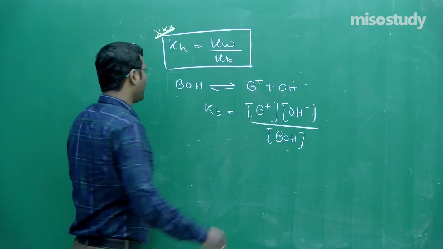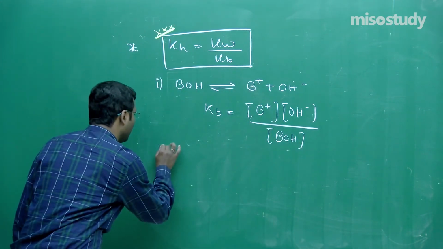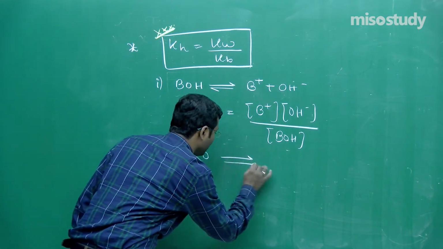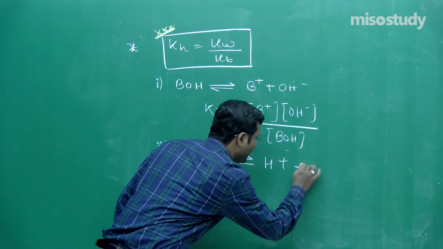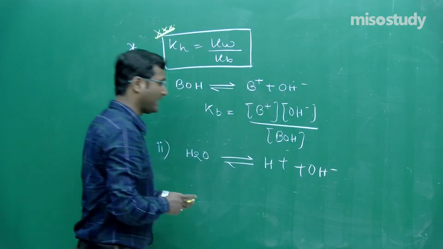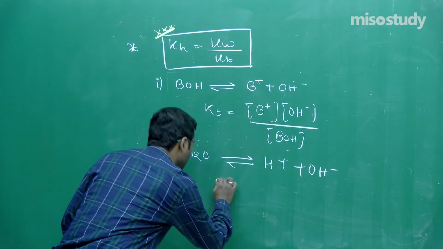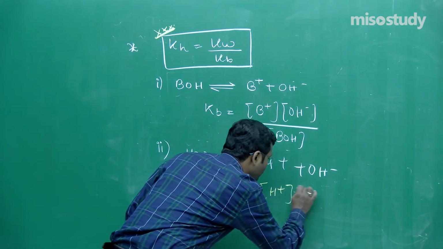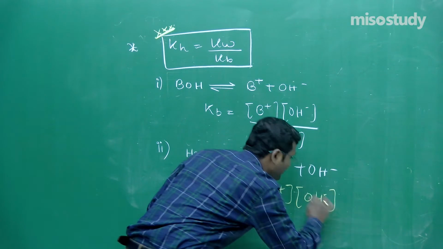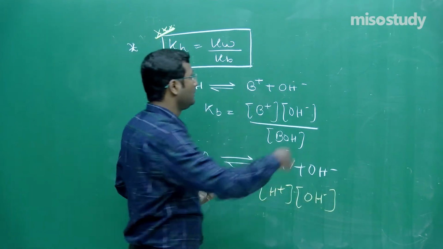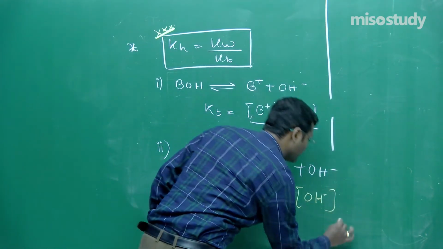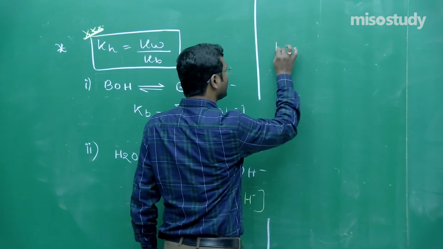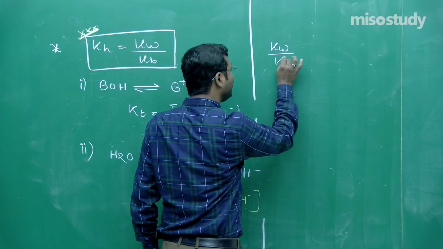Now, in the case of water, you can write H plus and OH minus. What is the expression for water? That is Kw is equal to H plus into OH minus ion concentration. Is it true for you? Now divide this equation, Kw and Kb.